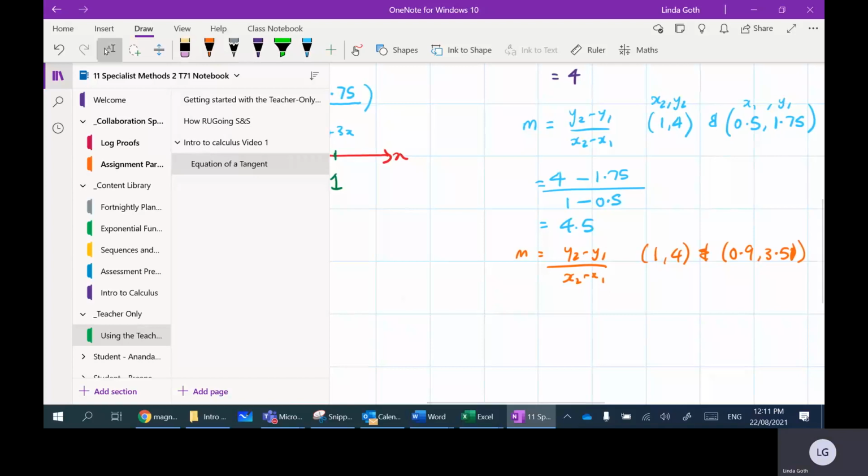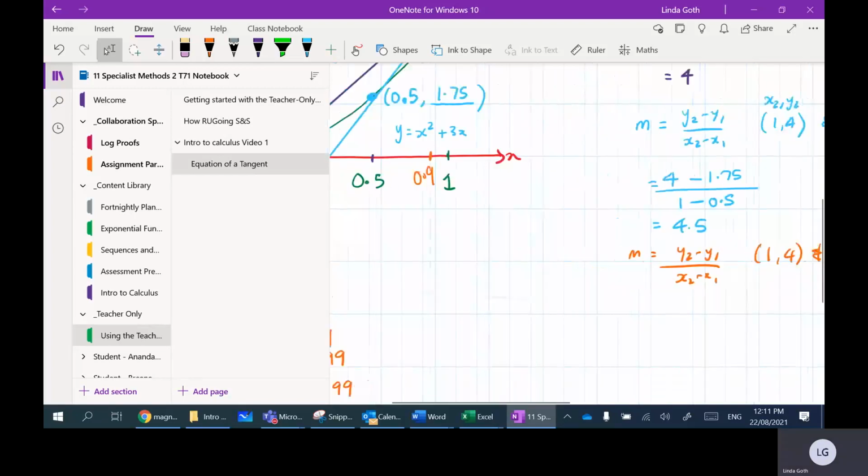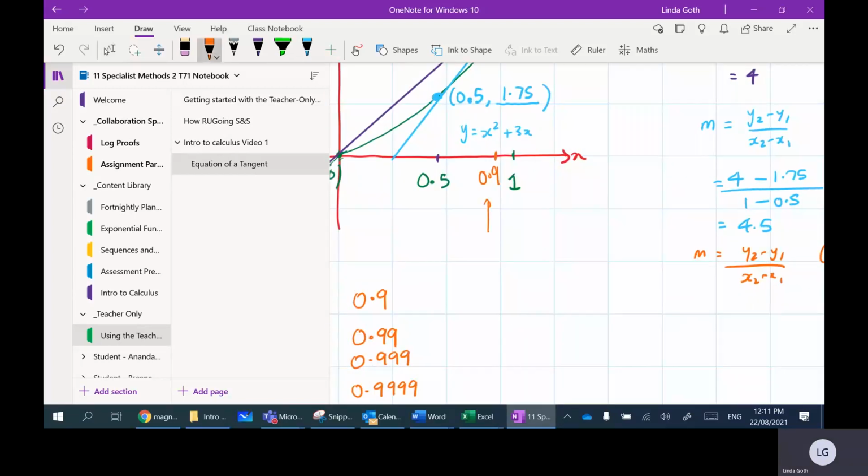So pause the video and go away, and I would like you to find the values for the gradient of the tangent as this x value gets closer and closer to 1. And you should notice something really nice happening to your pattern. So pause the video, you've got some calculations to do.